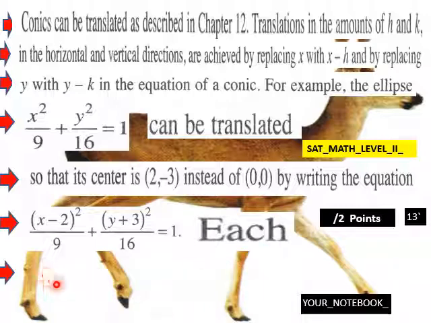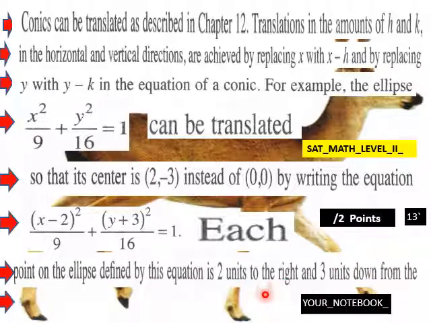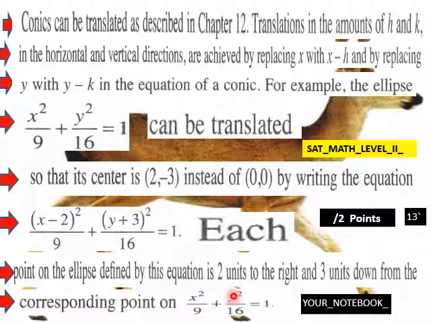Each point on the ellipse defined by this equation is 2 units to the right and 3 units down from the corresponding point on x squared over 9 plus y squared over 16 equals 1. So this is how you get a shift here.